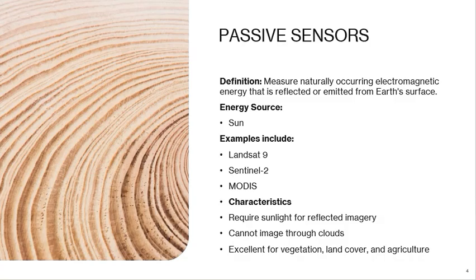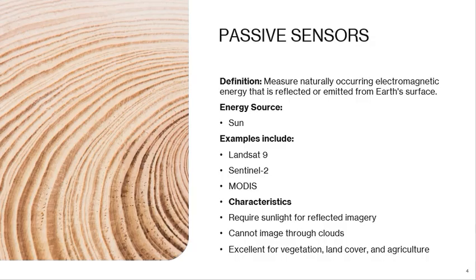So with passive sensors, we just talked about the definition, meaning they measure naturally occurring electromagnetic energy that is reflected or emitted from Earth's surface. And our textbook for this course explains that passive sensors measure naturally available electromagnetic radiation, and most passive systems detect reflected solar radiation in the visible, near infrared, so NIR, and shortwave infrared, SWIR regions.